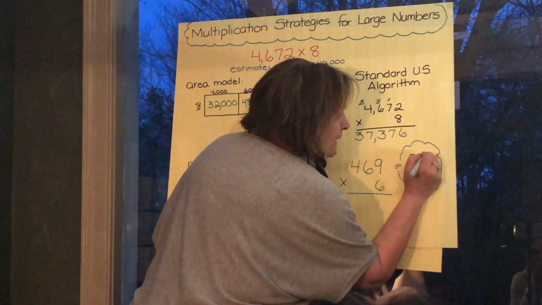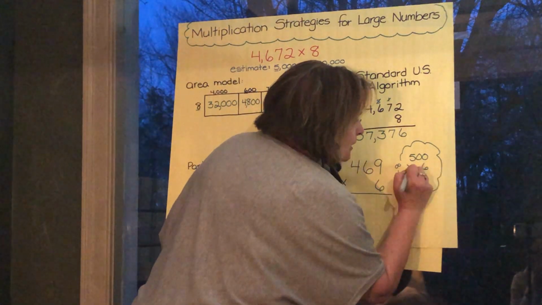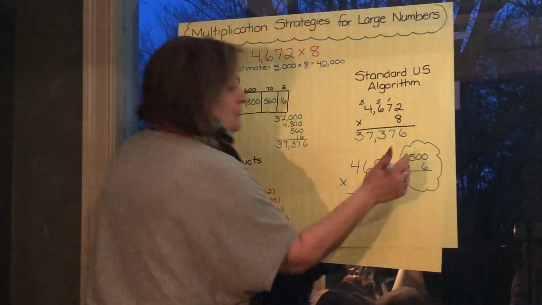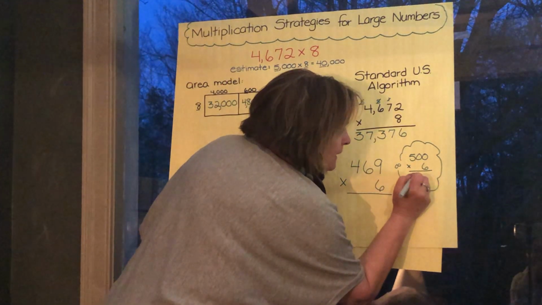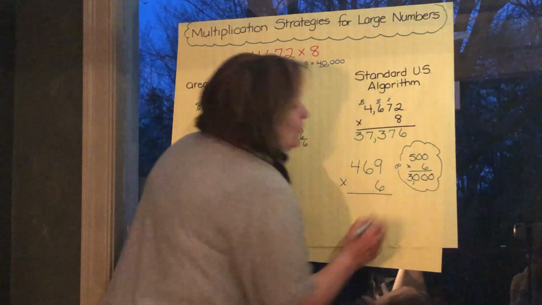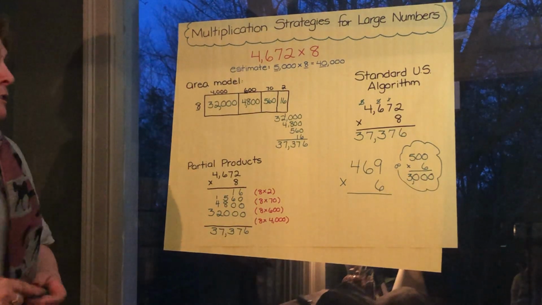I'm going to round that up to 500, and I'm going to multiply that times 6. I can look for the fact. 5 times 6 is 30. Add my extra place values, and so I know that my answer is going to be about 3,000.